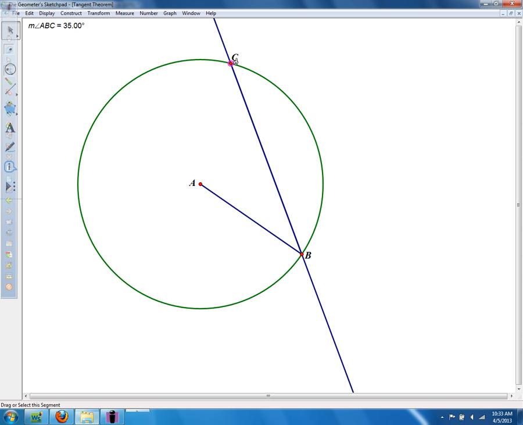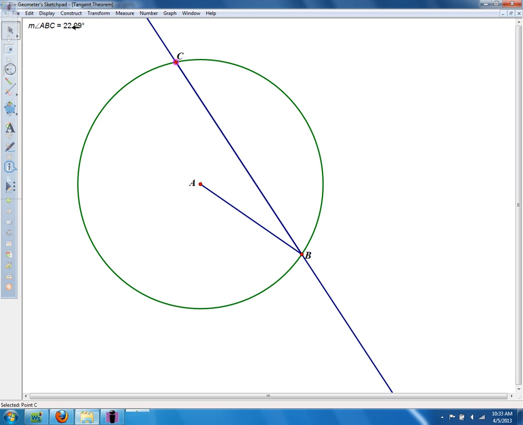What we want to do is predict what's going to happen to this angle as point C gets closer and closer to point B, and rather than a secant line, we have a tangent line. So right when C is sitting on top of B, what's going to happen to that angle?